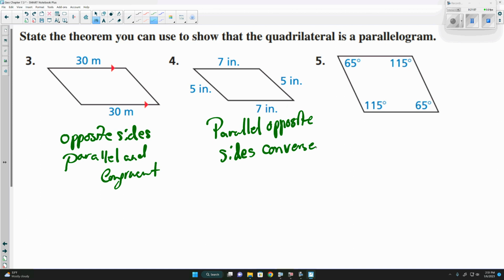So the converse, if the opposite sides in a quadrilateral are congruent, then it's a parallelogram. So it's just the flip of the original theorem. And the last one is our parallel opposite angles converse.